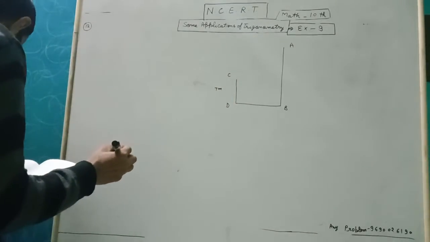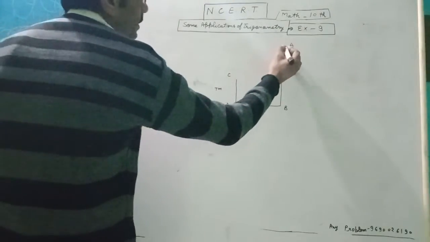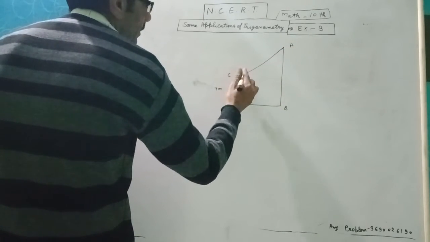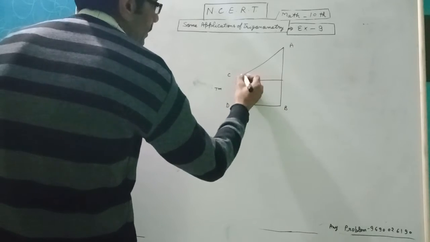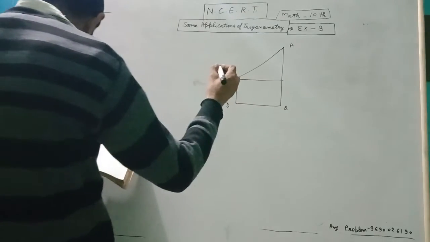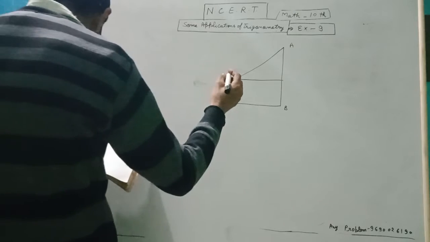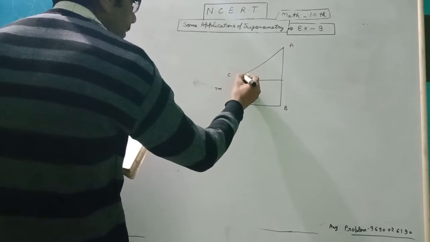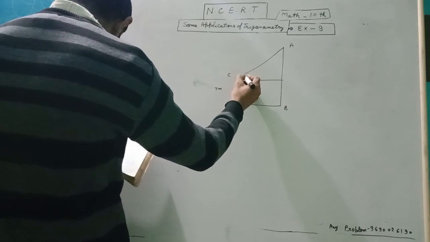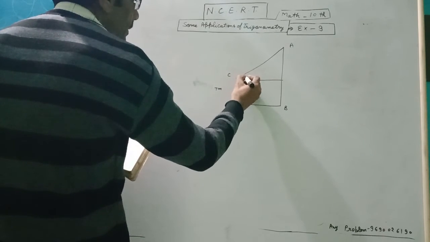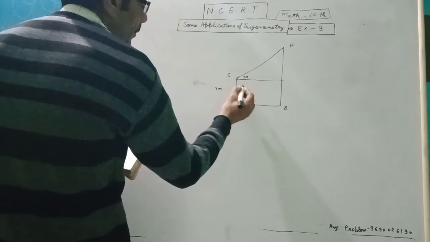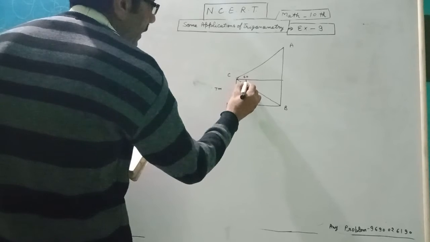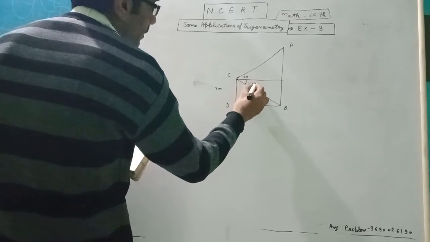To see the top of the cable tower, the elevation angle is 60. Then bottom of the cable tower, depression angle is 45.